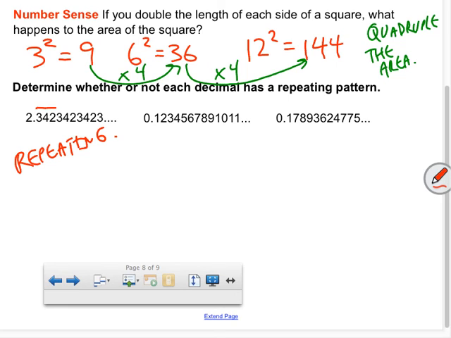Does this one repeat? Is it a pattern, though? You don't see the pattern? Yes. There's a pattern, but that's not the same as repeating. This is not repeating. What about this one over here? This one's not repeating.